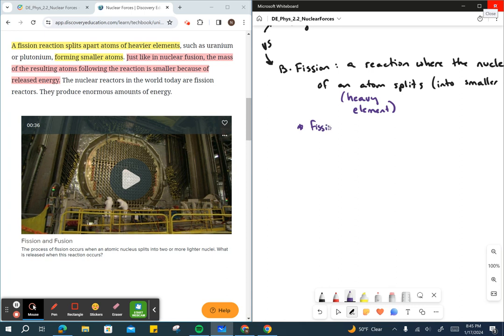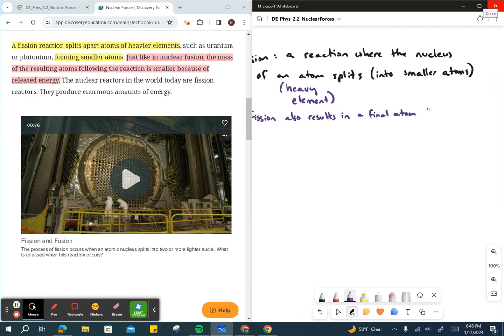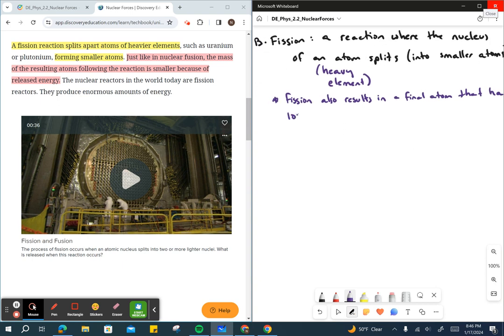Fission also results in a final atom that has lost mass, resulting in a release of energy.